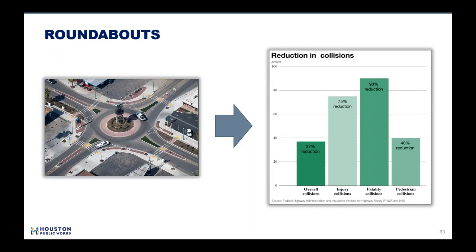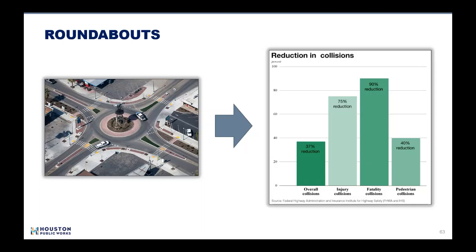This is pretty much consistent throughout regions of the world and over time: you're cutting down collisions, you cut down injuries, and you almost completely reduce fatalities, partially because you're controlling speeds, partially because drivers don't have the same degree of impact. And what's not shown here is that for the right traffic volumes, they actually handle traffic more efficiently.